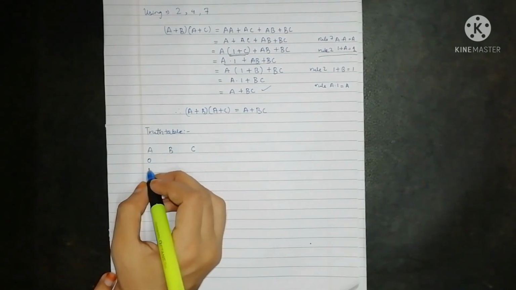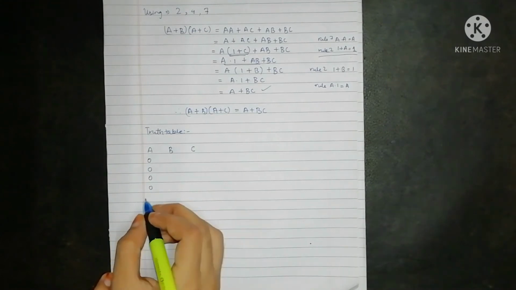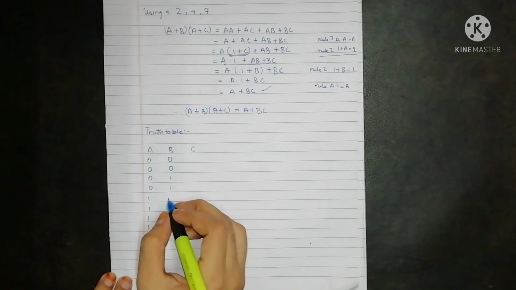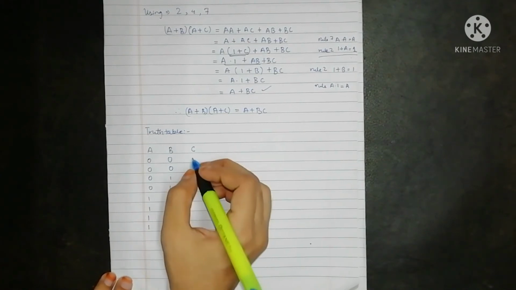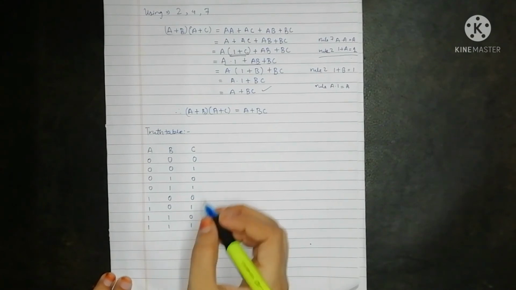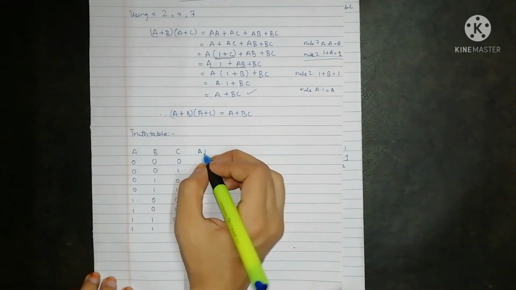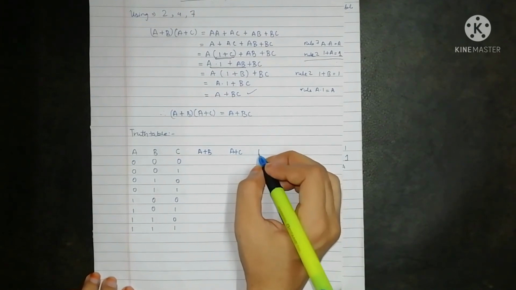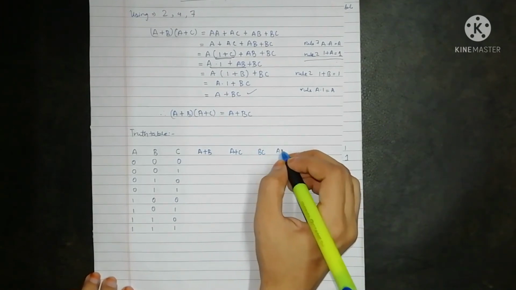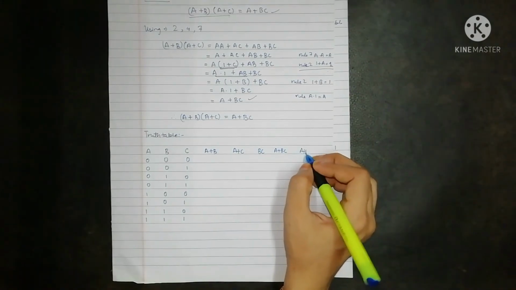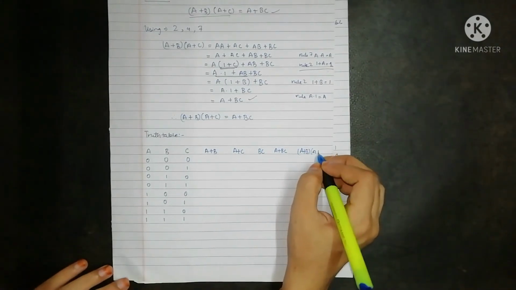So the values for 3 variables will be 0 0 0, 0 0 1, and so on: 2 times 0, then 1 times 0 and 1 times 1. We will take A + B, A + C, B into C, A + B into C, then (A + B) into (A + C).